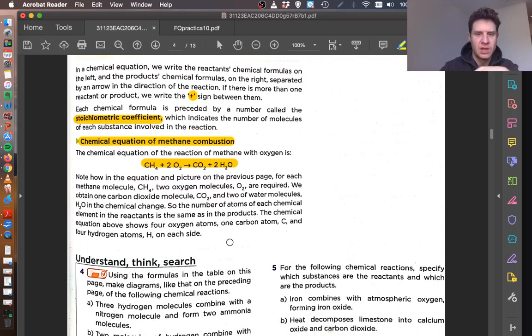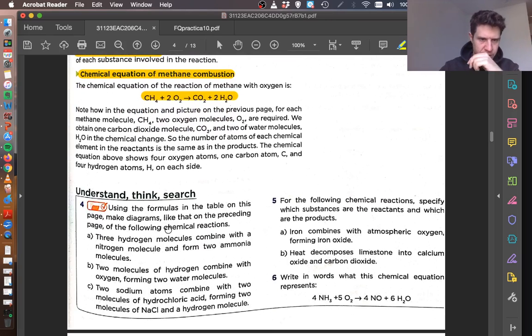Good. Using the formulas in the table on this page, make diagrams like that on the preceding page of the following chemical reaction. 3 hydrogen molecules combine with a nitrogen molecule and form 2 new ammonia molecules.